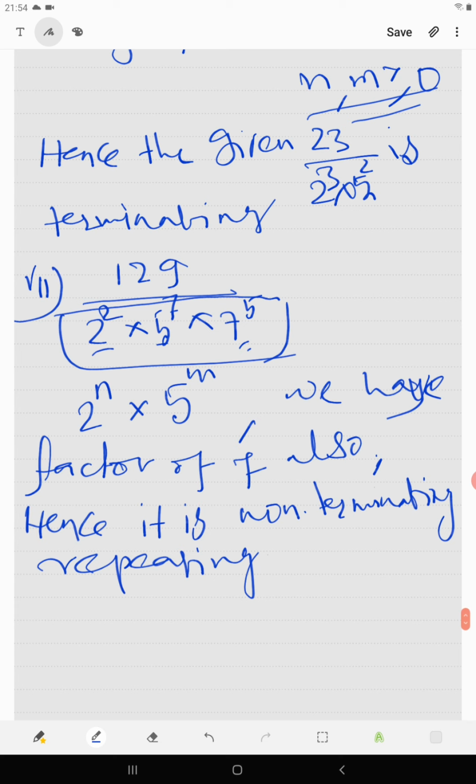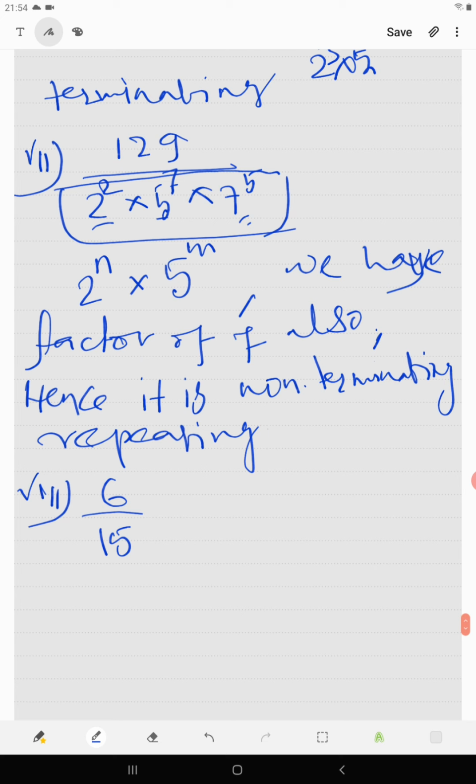Okay, next, eighth one is 6 by 15. So here, if you see, the 6 by 15 is not co-prime.